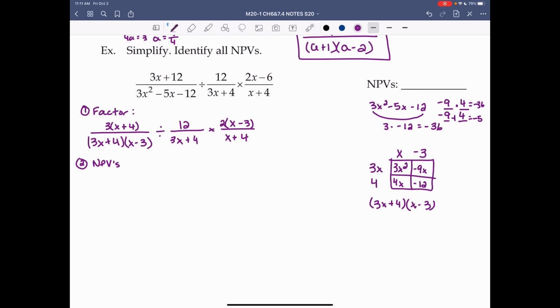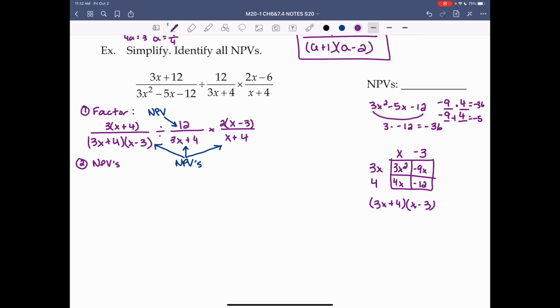Remember, we have a division in this question, so we're always going to look at the denominators for all of our fractions. But we also need to look at the numerator for any fraction that we're dividing by, which in this case is the middle fraction. The numerator in this case is just a whole number, so there won't be an NPV, but we just need to make sure that we check that anytime that we're dividing.